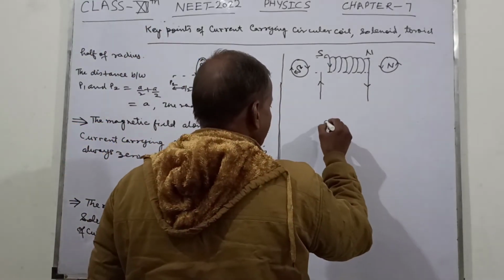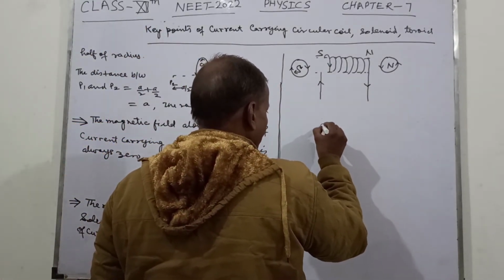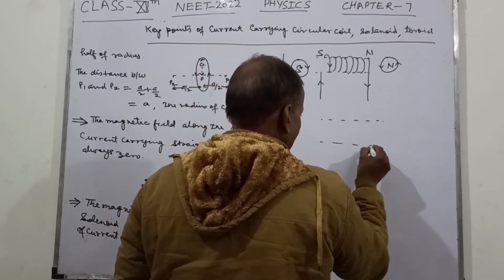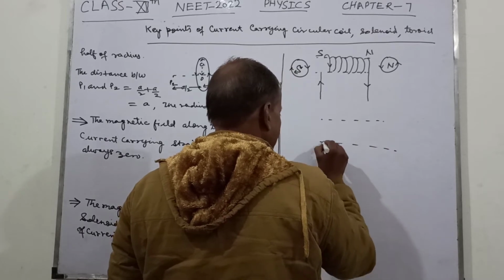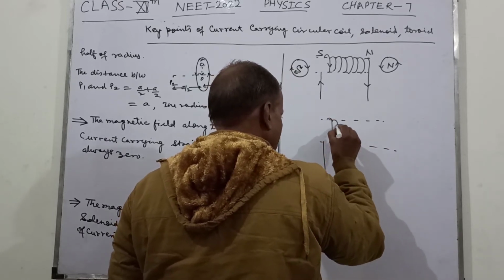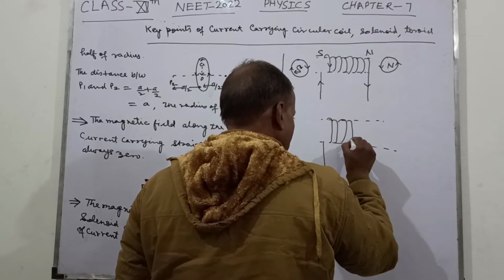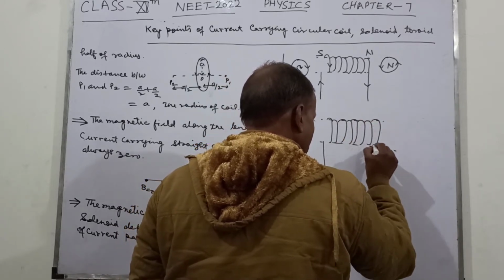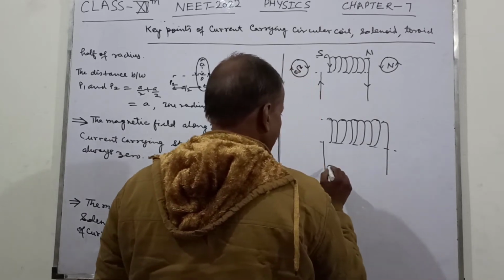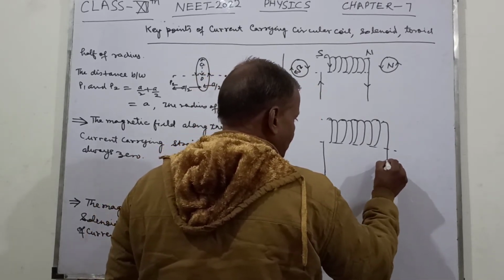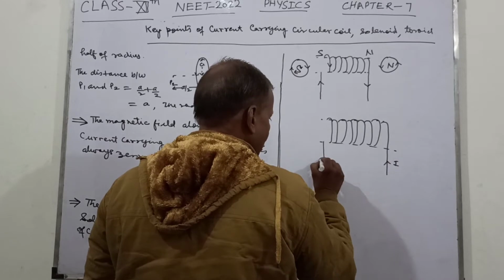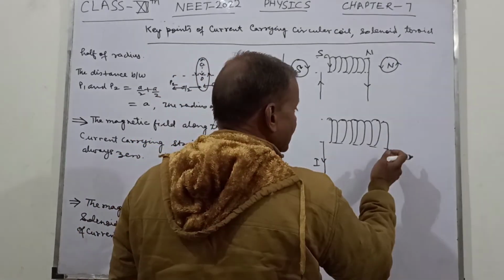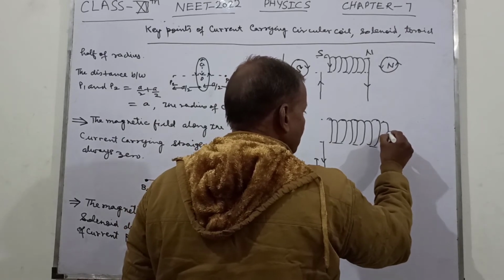Suppose I take this like this, and the current is suppose going in this way. This is now passing of the current. Then if I see on this side that current is going in this way.